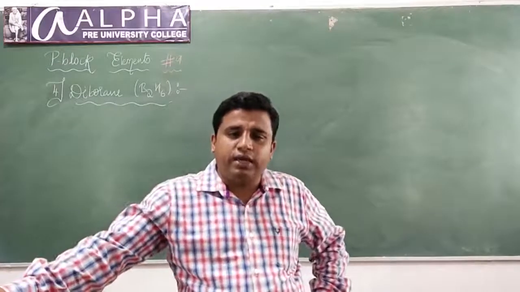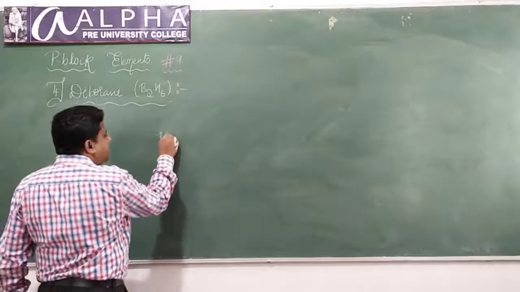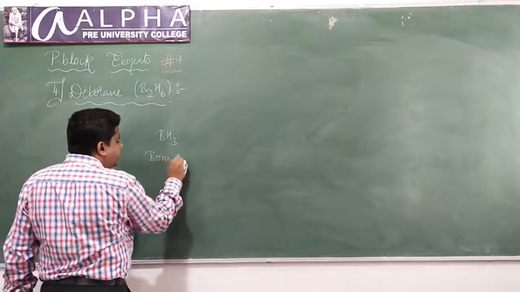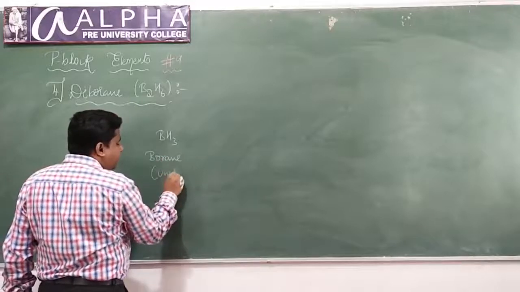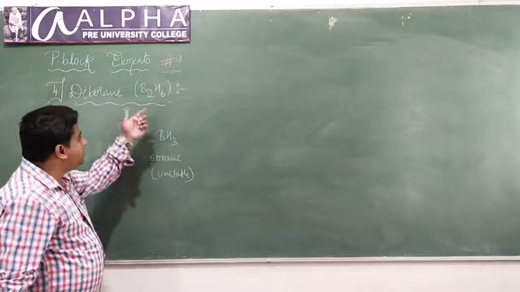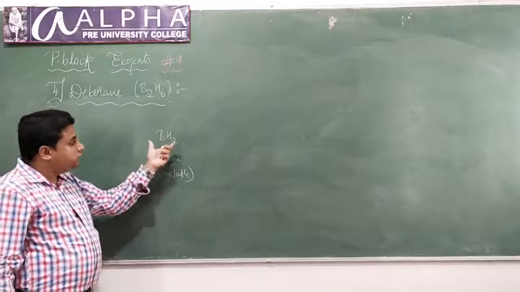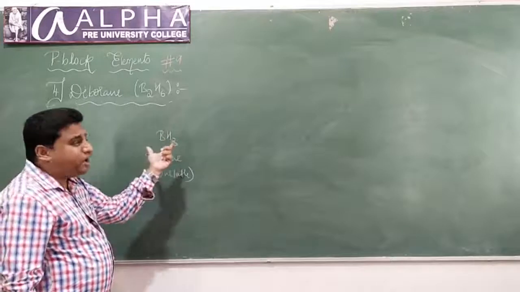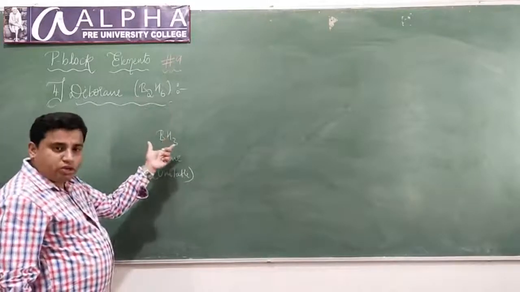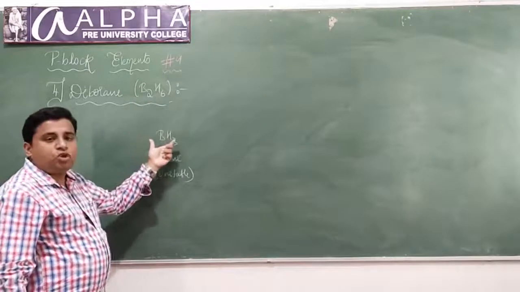Actually, BH3 is called borane. It is unstable and does not exist, therefore it exists in the form of B2H6. This molecule will undergo dimerization to form B2H6, because BH3 is highly unstable.